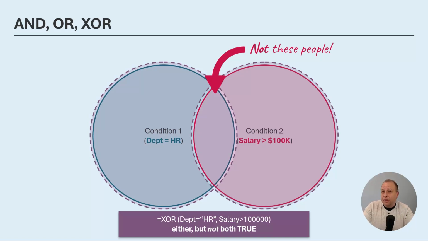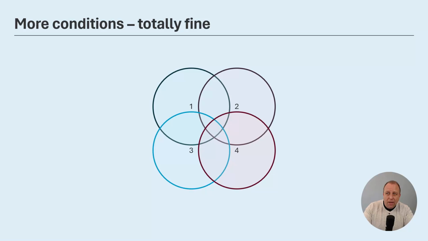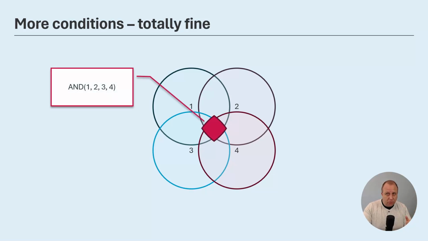And let's be very clear here, everybody. It doesn't matter whether it's 2 conditions, 3 conditions, 4 conditions. If you're trying to say, hey, it's got to be item number 1, item number 2, item number 3, and item number 4, we can absolutely do that. We can use an AND function with multiple things being true. And we can also combine AND and OR together in different combinations to get different things to happen.